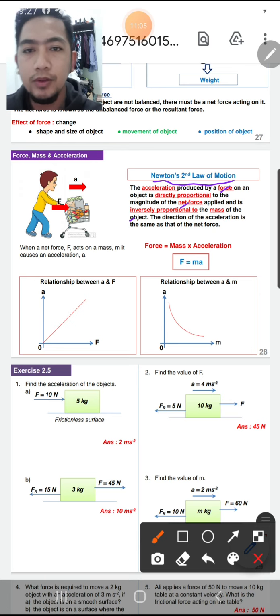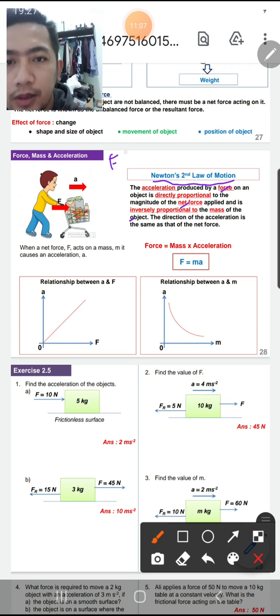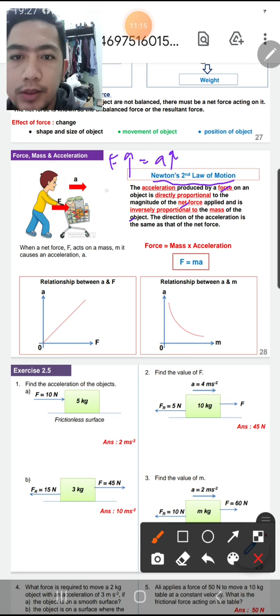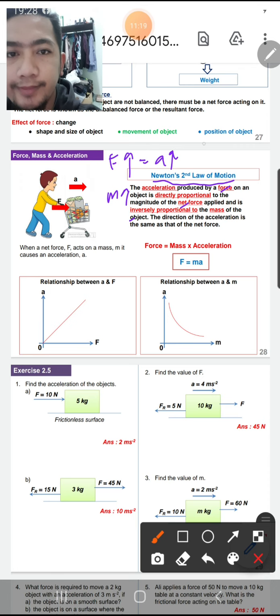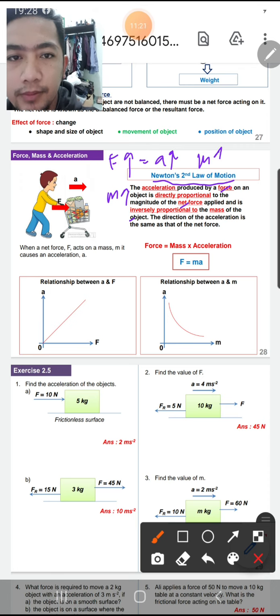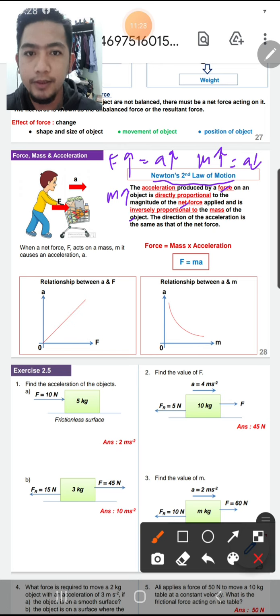Okay, macam ni. F increase means A dia increase. When the M increase, the value of A is decrease. Alright.